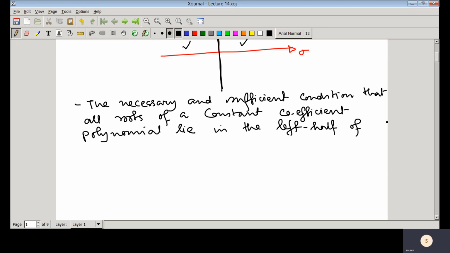Left half of the S-plane means bounded input, bounded output, or asymptotic stability of that LTI system.